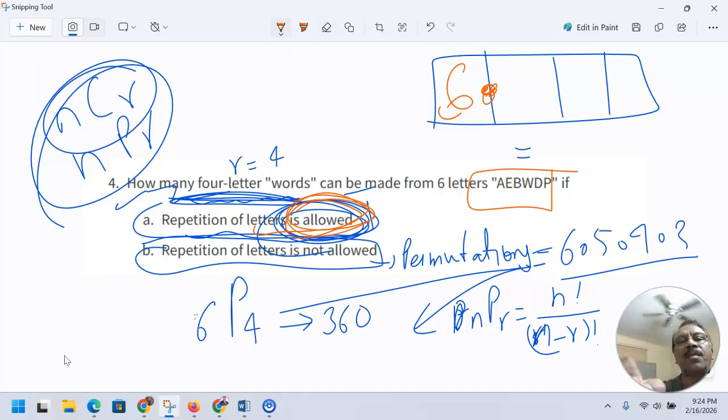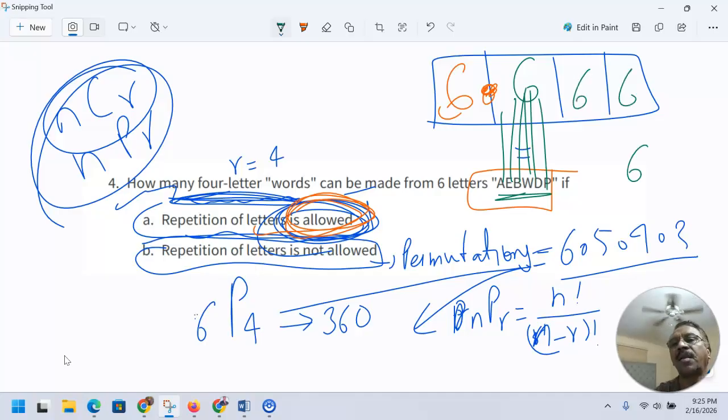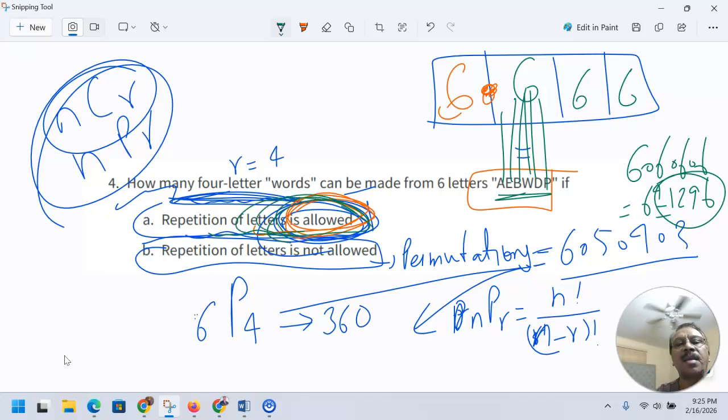So again we'll have to do this 6. This can be A, E, B, W, D, P. So there are 6 options. And likewise, you have 6, 6. So it is 6 times 6 times 6 times 6, which is 6 raised to 4. And if you put on the calculator, you end up getting 1296. I hope that helps. So these are the number of permutations possible if there is a repetition option.